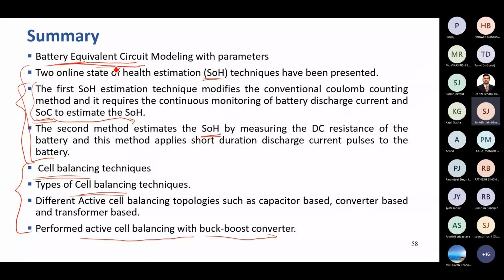The equivalent circuit will be considered in terms of temperature variation. Right? So you can modify this equivalent circuit, and further, we can modify the parameters related to the SOH estimation with respect to temperature also.